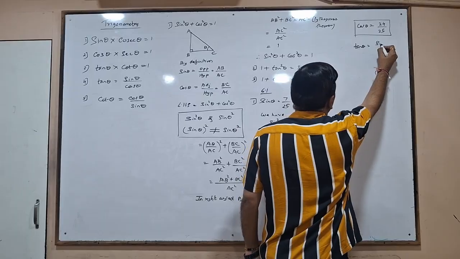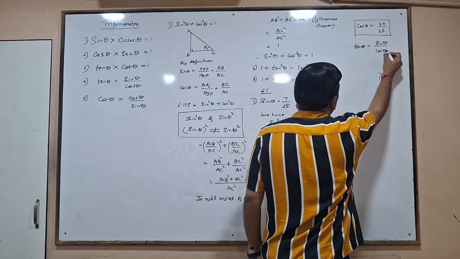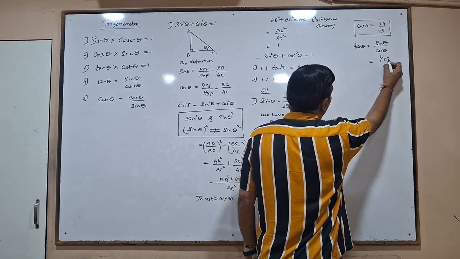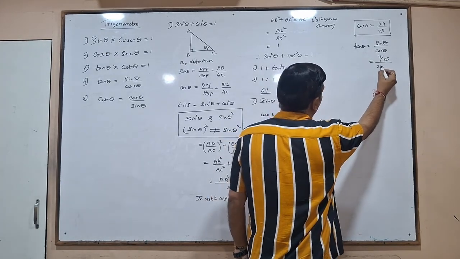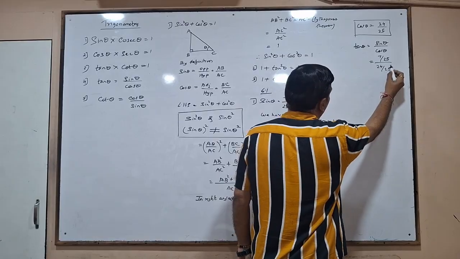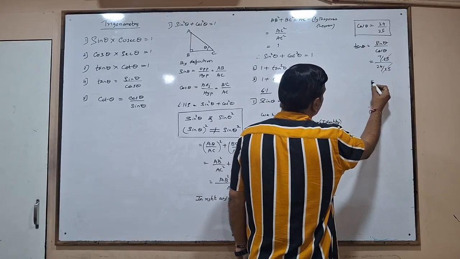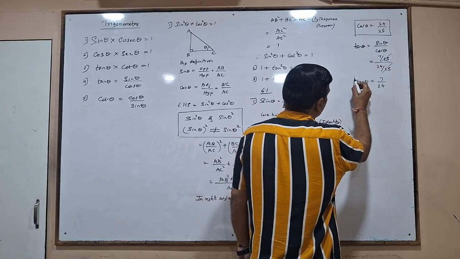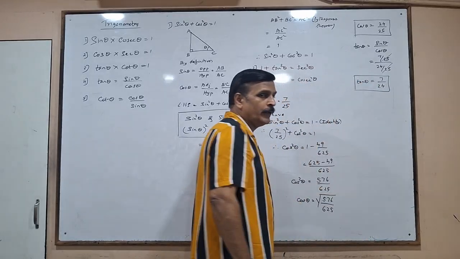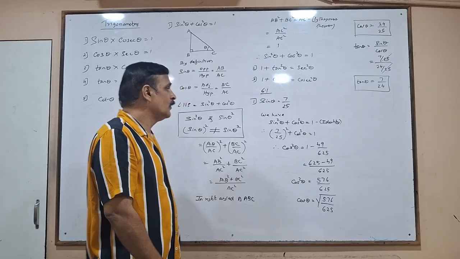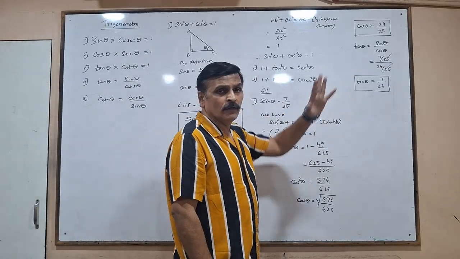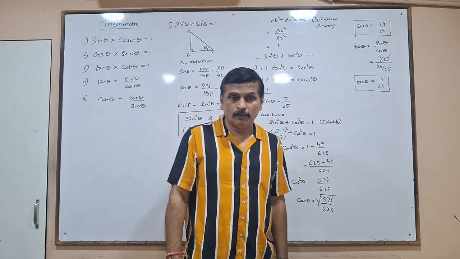It is sin theta upon cos theta. Sin theta ka value is 7 upon 25. Cos theta ka value is 24 upon 25. 25 will get cancelled. So what we get tan is? Tan is 7 upon 24. This is the way we solve a value wala problem.